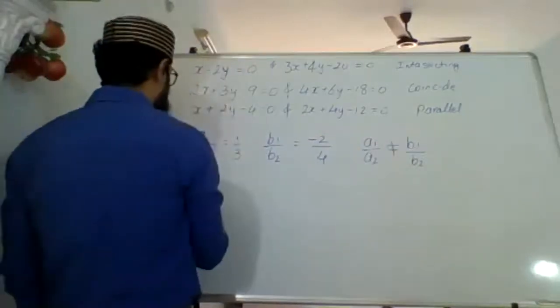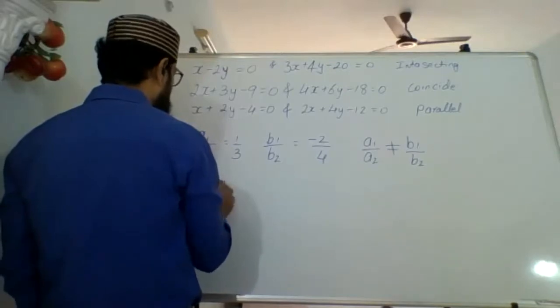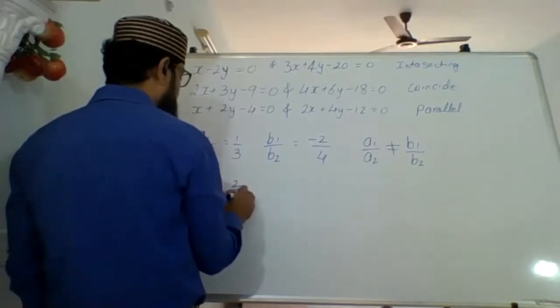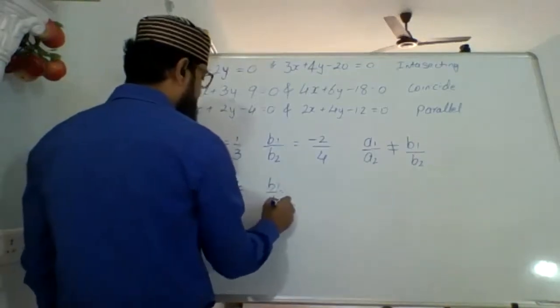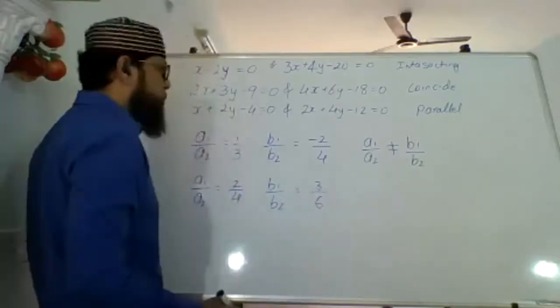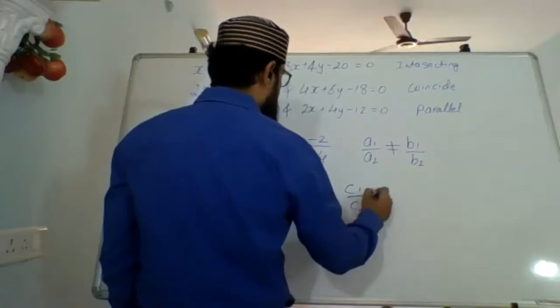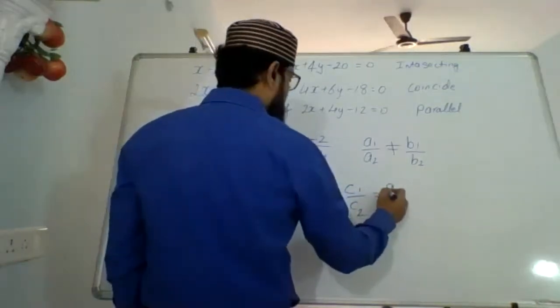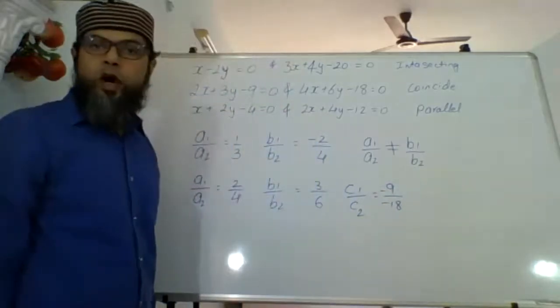Now check the second equation. a1 upon a2 equals 2 upon 4, which is 1 upon 2. b1 upon b2 is 3 upon 6, which is also 1 upon 2, and c1 upon c2 is minus 9 upon minus 18, which is also 1 upon 2.